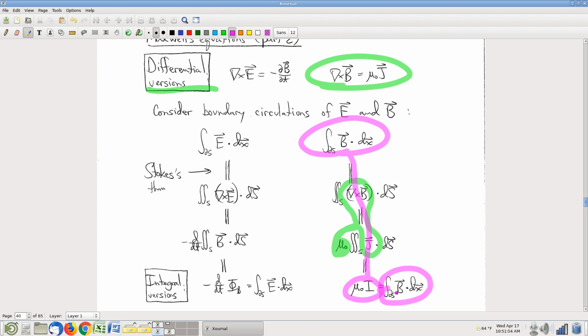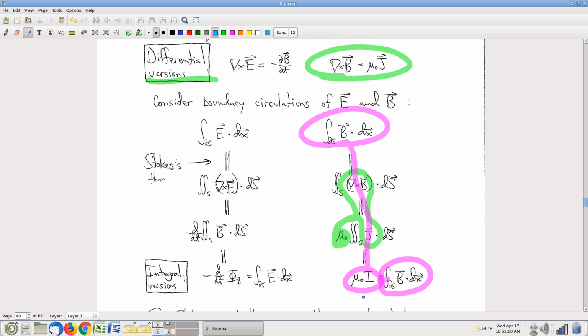So, here's one way to say this. The integral version here is about current and circulation. The differential version is about what you might call current density, because that's the flow field. That's the thing you take the flux of to get current.